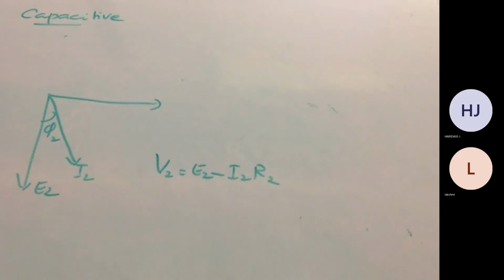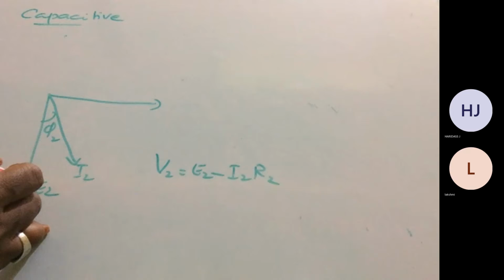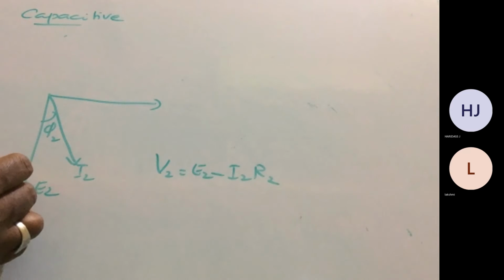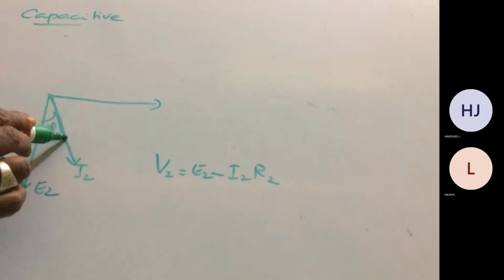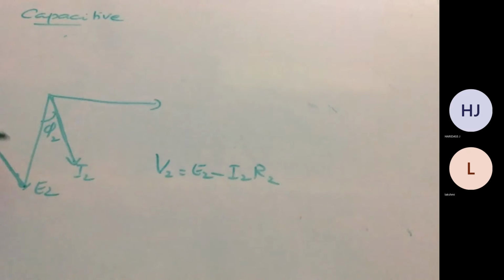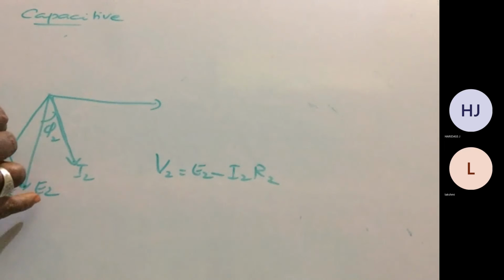From this, you take I2 R2 in the direction of I2. So this is I2, and I2 R2 is taken in the same direction. Then if this was 5 and this was 2, the remaining will be 3. So the remaining E2 minus I2 R2 gives V2.